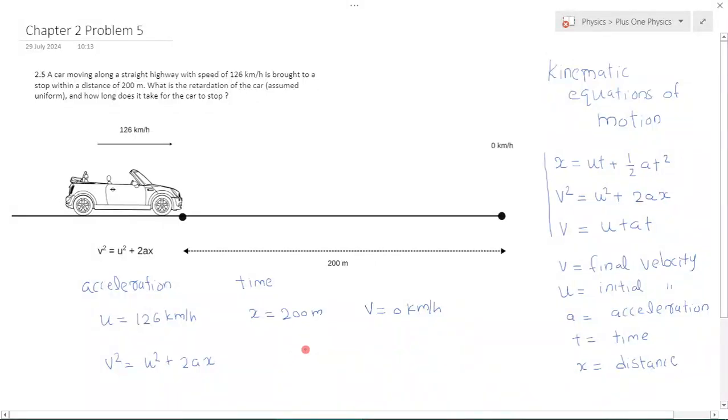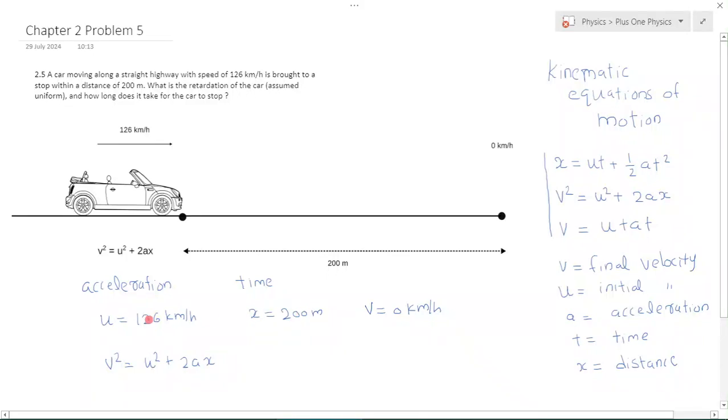One more problem is there. We have to change all the quantities to a basic fundamental unit. It is given in kilometer per hour, which is not useful; if we mix everything together, we will not get the correct answer.